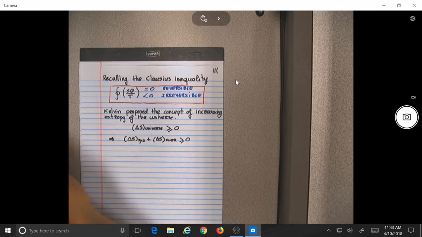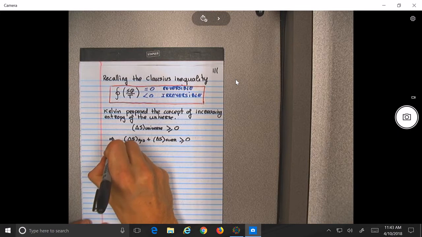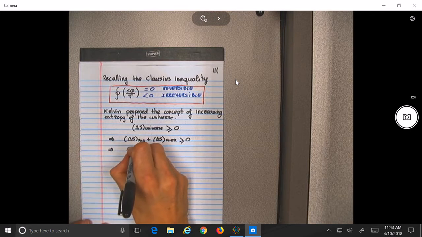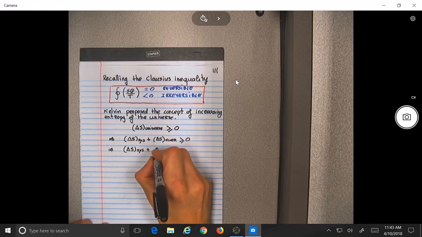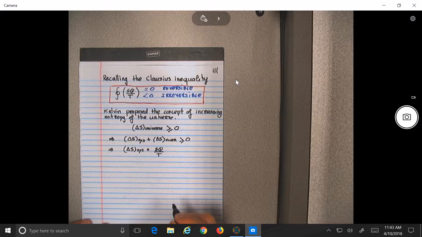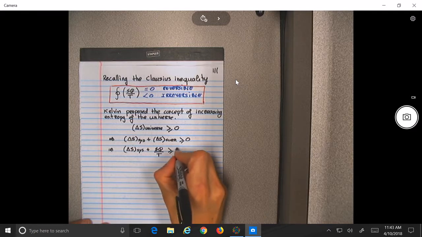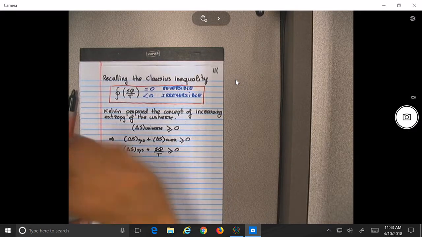And in most cases, this will mean that delta S of the system plus, let's say, delta Q over T should be higher or equal than 0.